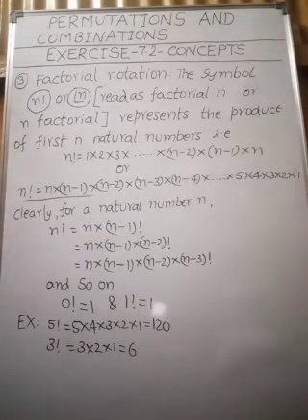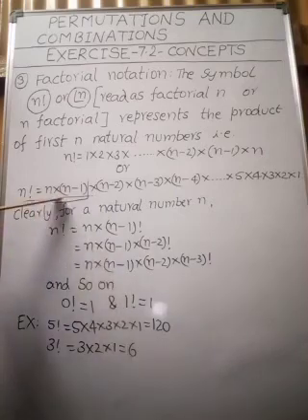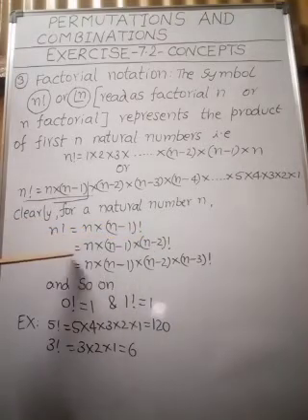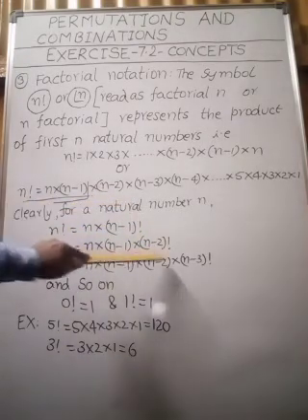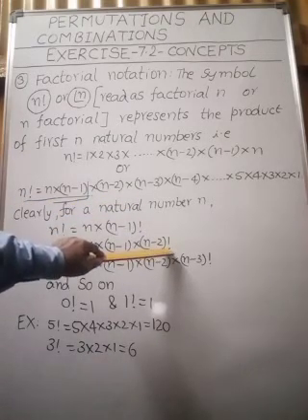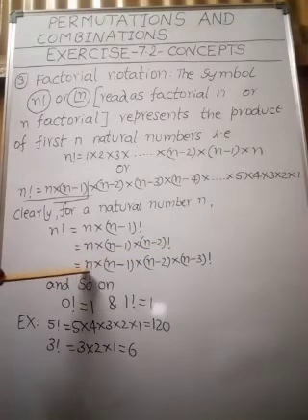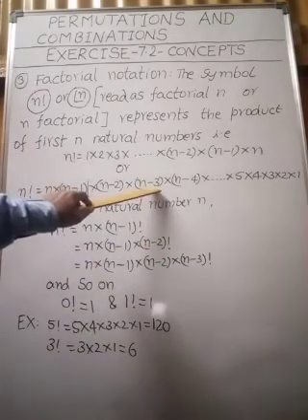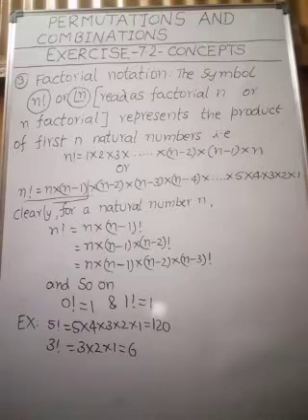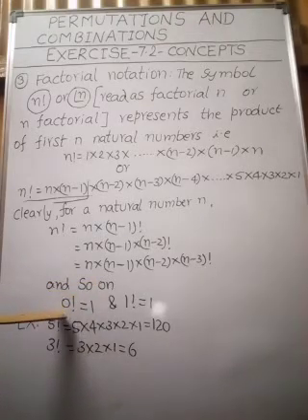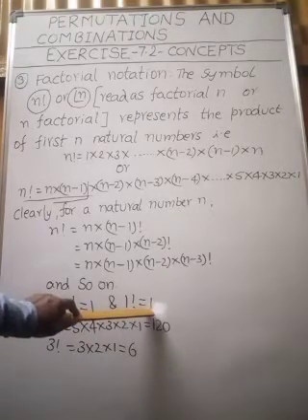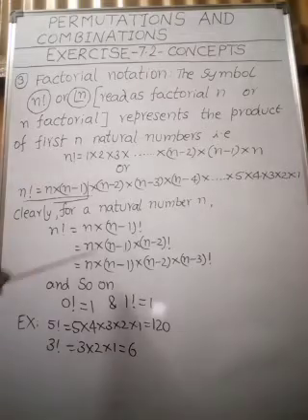If you want to stop the product at some number, immediately after that number you have to keep the factorial symbol. Understood this point, my children? And so on. But for our convenience, we take the value of 0 factorial as 1, and 1 factorial is also 1. Okay, my children, remember all these points.